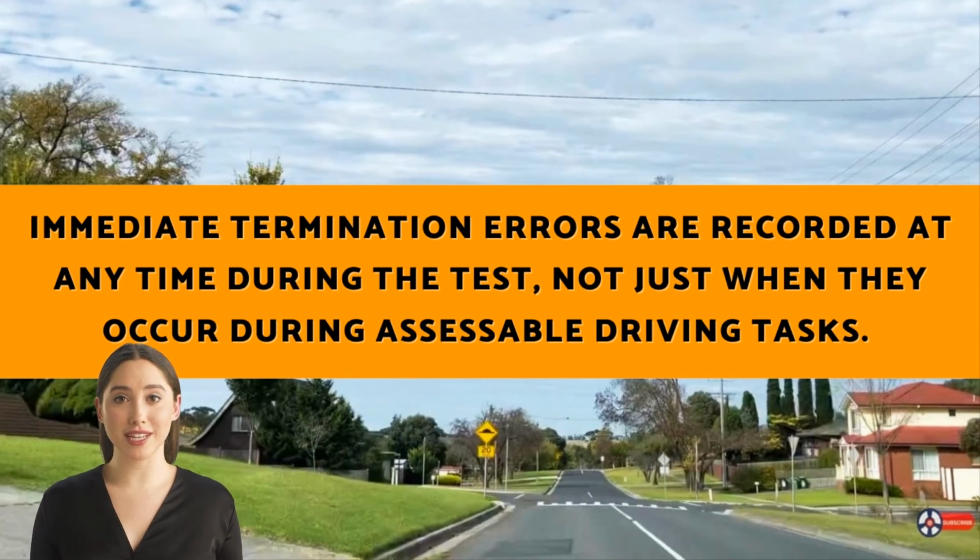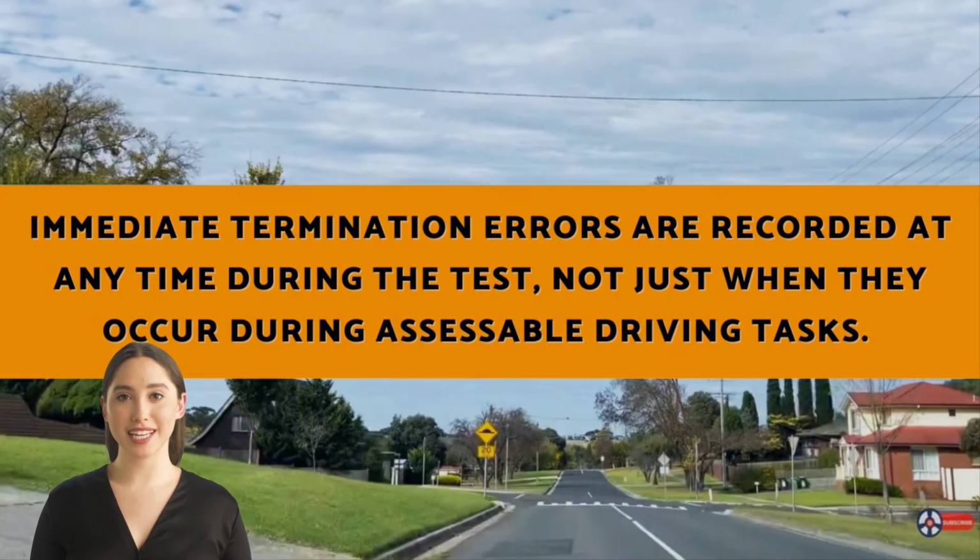For example, failing to yield to another vehicle or a pedestrian when turning results in an immediate termination error. It should be noted that if another road user's evasive action was unnecessary, the applicant is not considered to have caused the other road user to take evasive action. An immediate termination error committed at any time during the test will result in the drive test being terminated immediately.